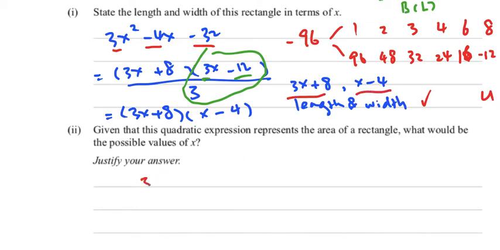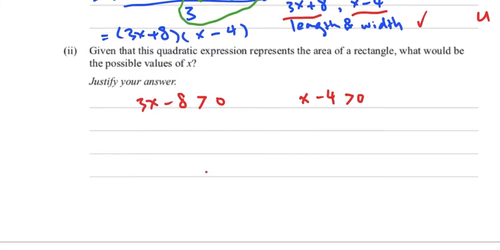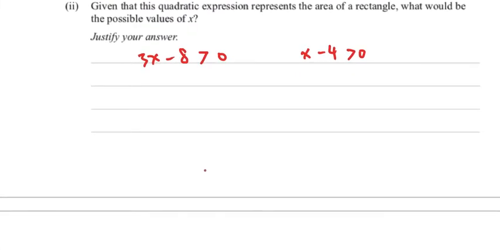One is going to be 3x plus 8. That has to be bigger than 0. Or x minus 4, that has to be bigger than 0, right? Both sides, the base and height, must be bigger than 0. Now we have an inequality right in front of us. The only thing to remind you is whenever you multiply or divide by a negative number, the sign will change.